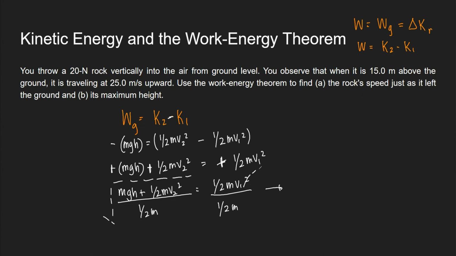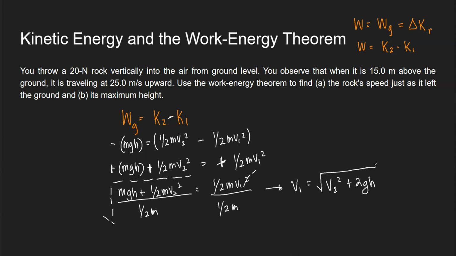So that would just give me v1 equals the square root of v2 squared plus 2gh. And so that is our v1.